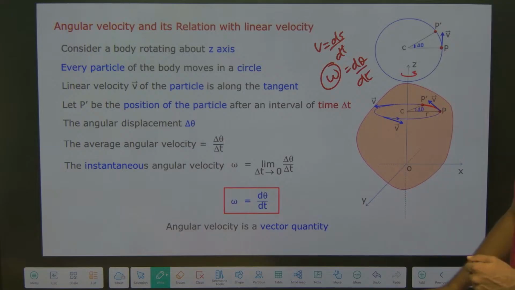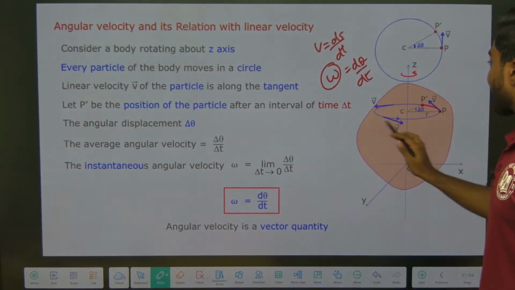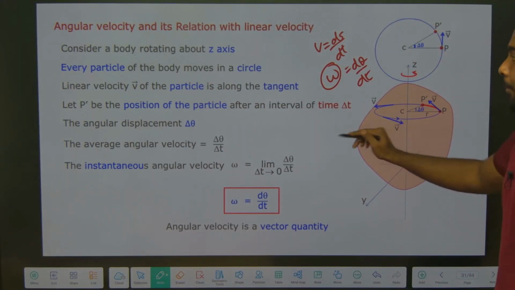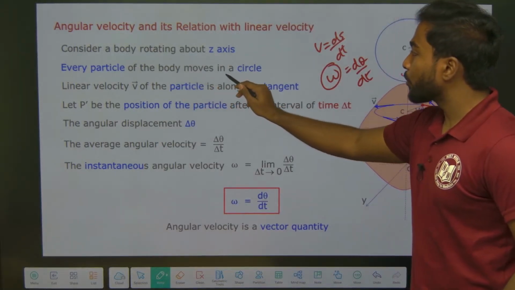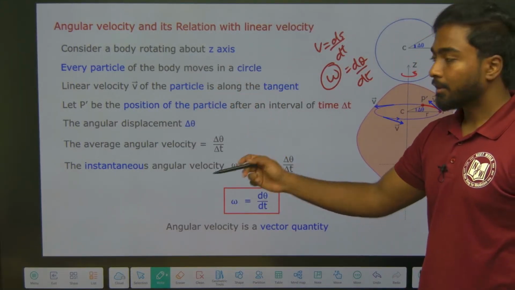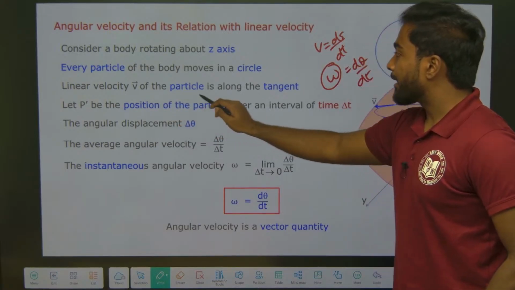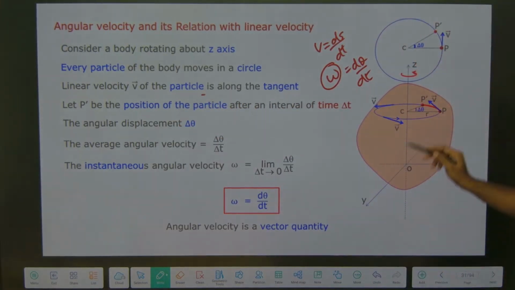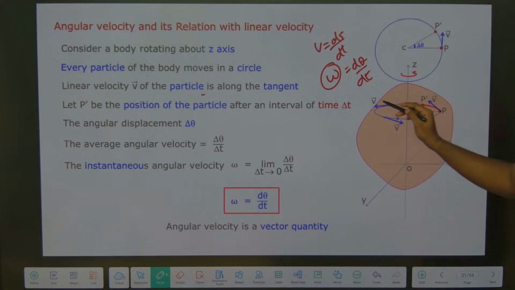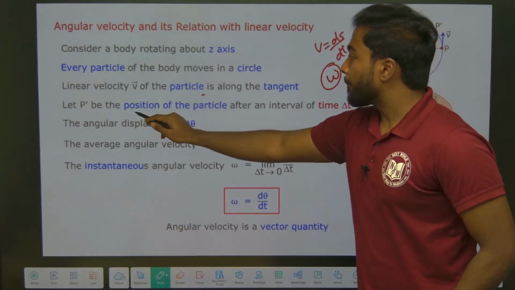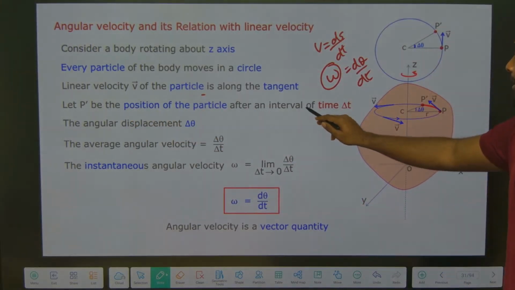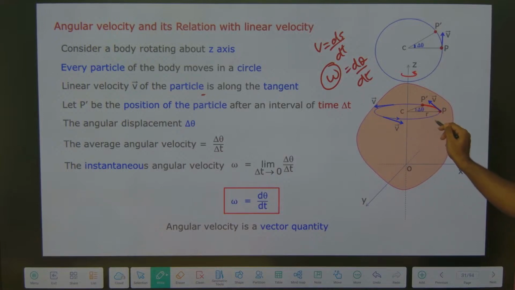So consider a body which is rotating about the x-axis. We have taken that for the diagram. Every particle of the body moves in a circular path. The linear velocity v of a particle is along the tangent. Let P dash be the position of the particle after an interval of time delta t.